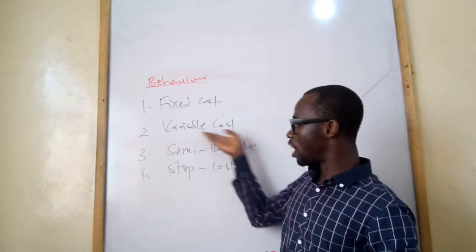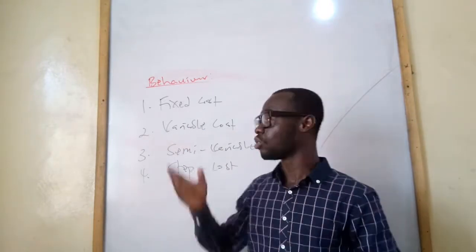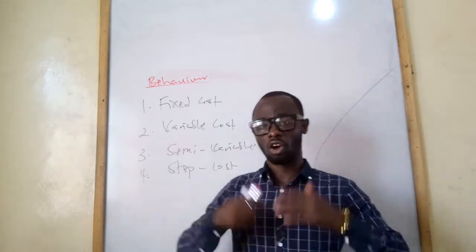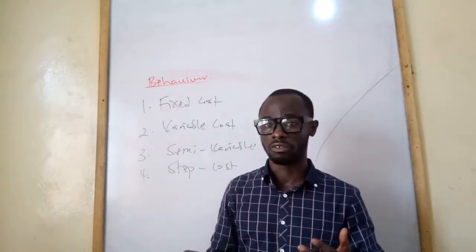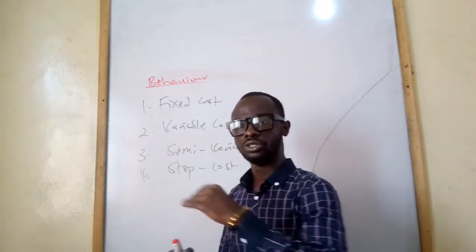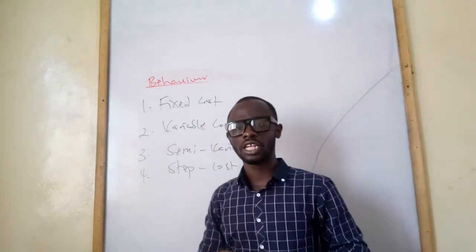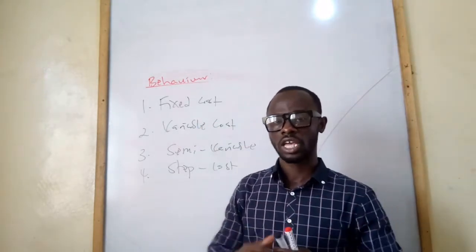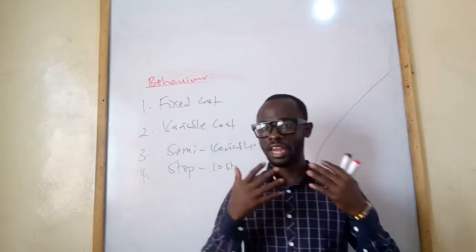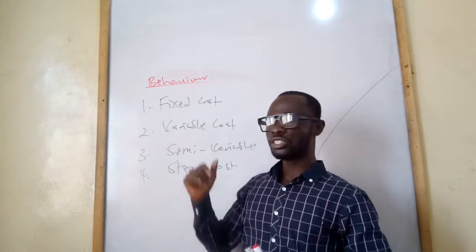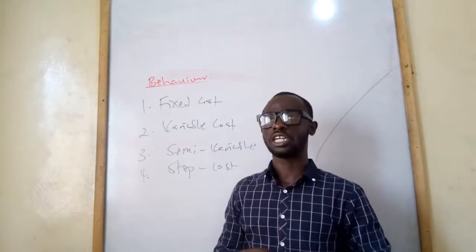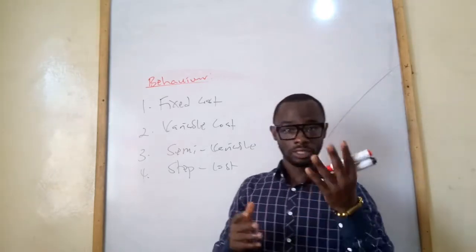Then we come to variable cost. Immediately you begin to produce or immediately you begin to operate, you are going to incur the variable cost. So variable cost is simply the cost that varies with what? Output level. The more output you produce, the more variable cost that you are going to incur. So variable costs usually take the form of material cost, labor cost, and other direct expenses.